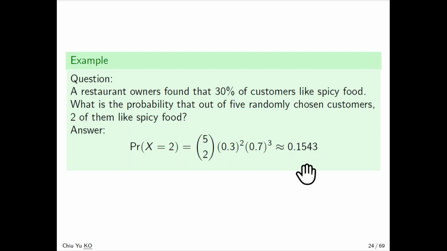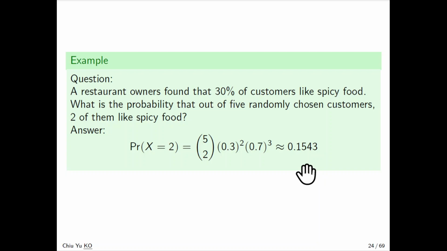An example would be: suppose 30% of his customers like spicy food. If you randomly pick a customer, there is a 30% chance the customer likes spicy food. So that is a binomial trial. Suppose he repeats this and picks 5 customers randomly. We're asking for the probability that 2 of them like spicy food.